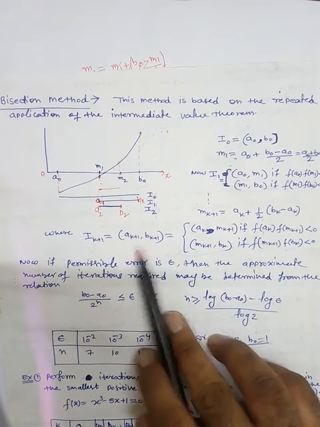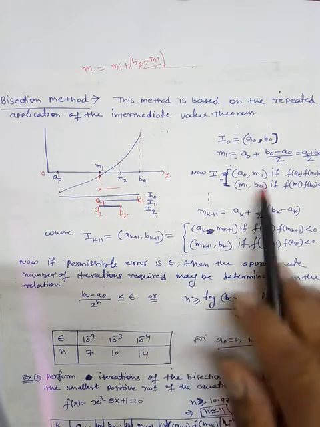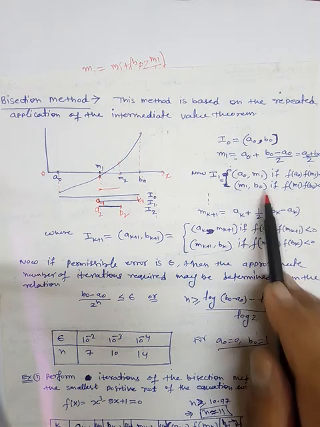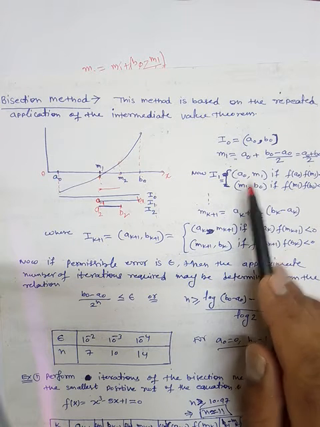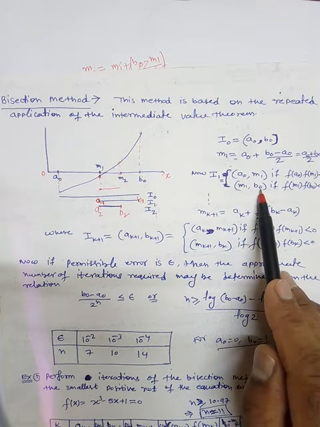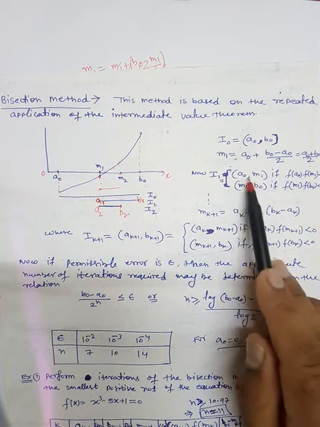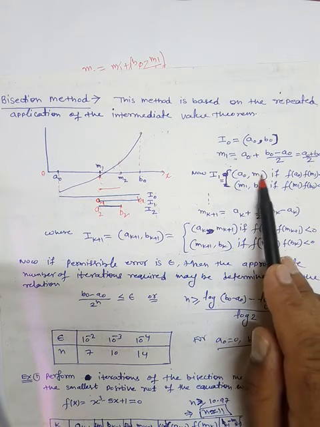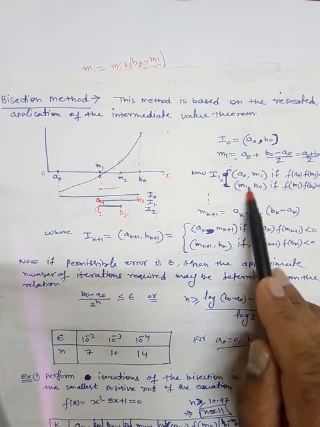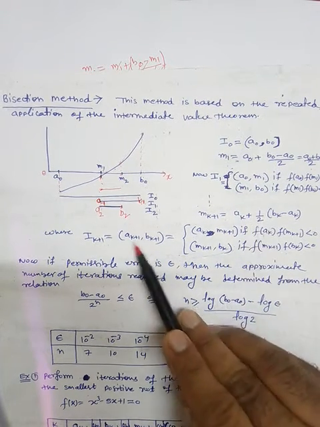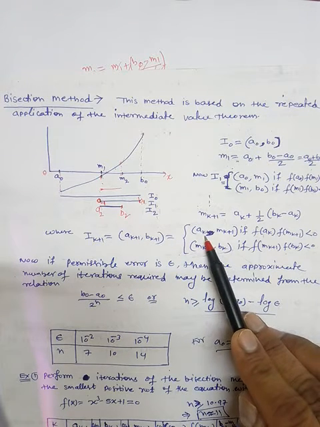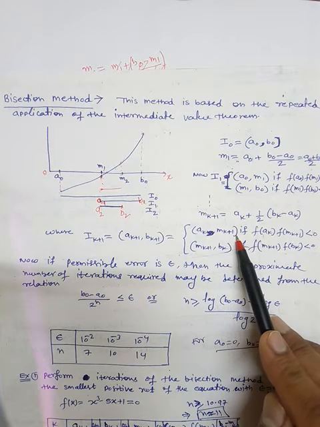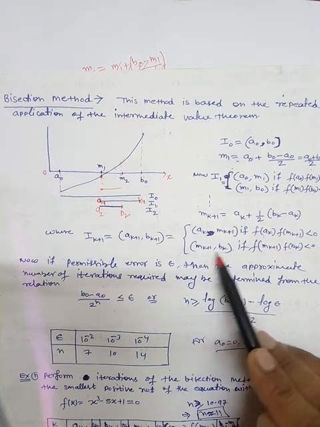If here is 1, here is 0 and here is 1, similarly if here is k plus 1, this should be k, Ak, and this should be Mk plus 1 and Bk.